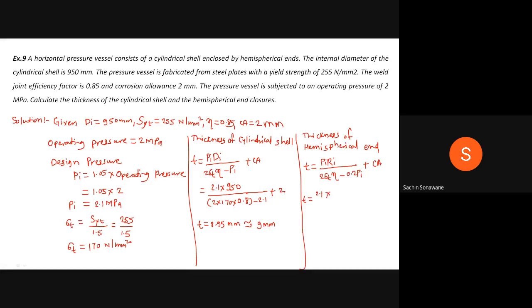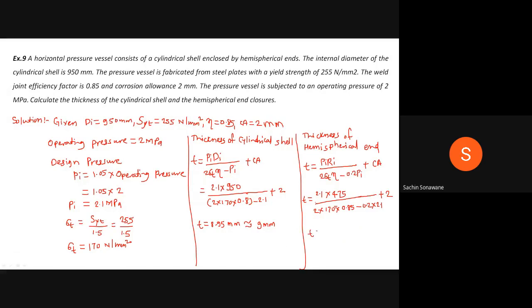Now Ri means Di divided by 2, 950 divided by 2 means 475, divided by 2 into sigma t 170 into 0.85 minus 0.2 into 2.1, plus corrosion allowance 2 mm.